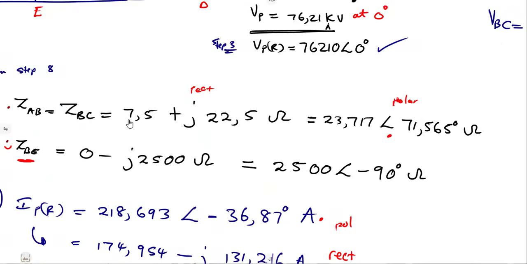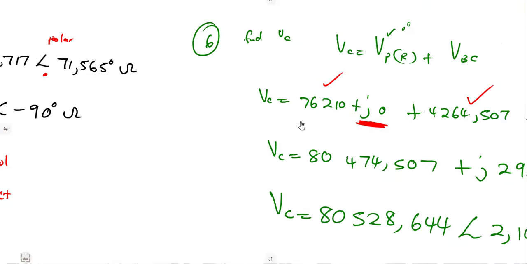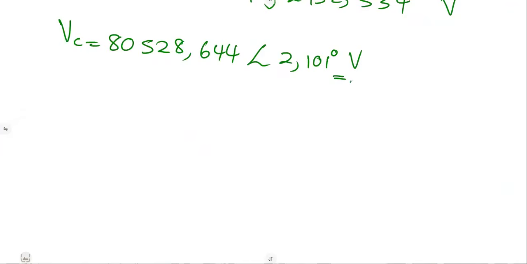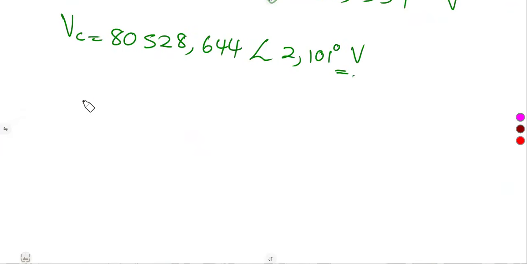So divide the two and we have got the current. That was the idea in our step 7. We must find the current across the capacitor, which is simply VC over the impedance across the capacitor, BE.